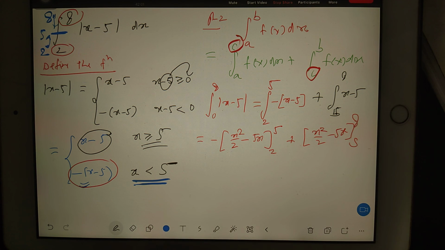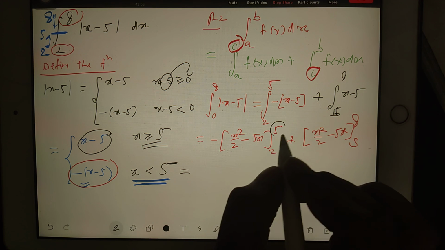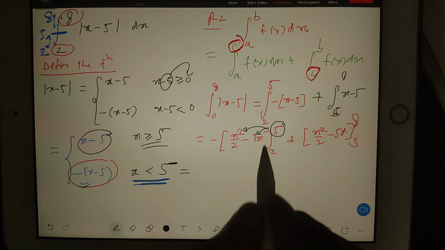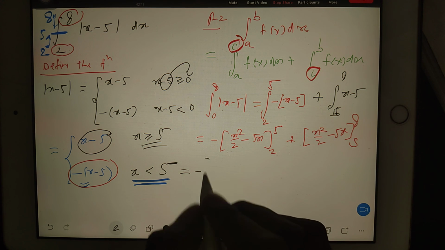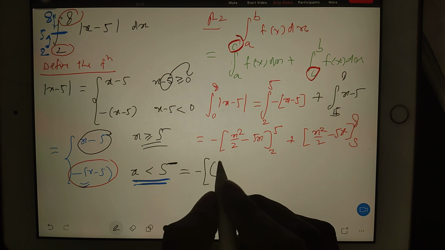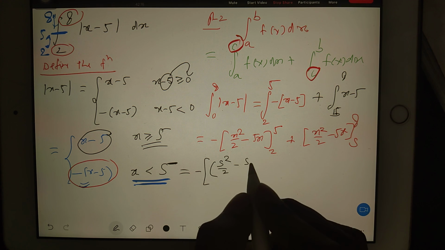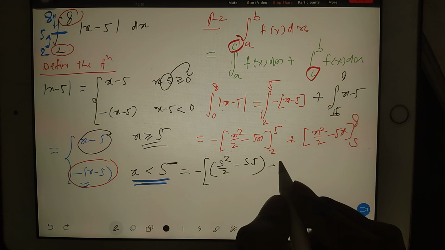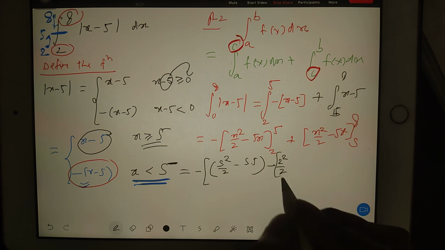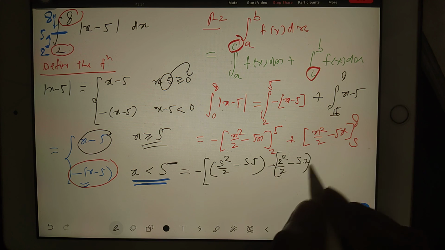It will be kind of lengthy work to solve this. First you will put 5 here and here, so I'm doing that. It will be like minus, then put a big bracket, a small bracket, you put 5. So 5 square by 2 minus 5 into 5, then you put minus sign, substitute this 2. So 2 square by 2, put bracket, minus 5 into 2, this close.